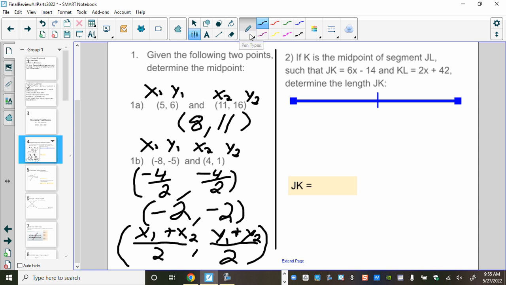All right, questions? I'll highlight the answers. So basically, add your x's, divide by 2. Add your y's, divide by 2, but watch your signs. All right? Anybody have any questions?